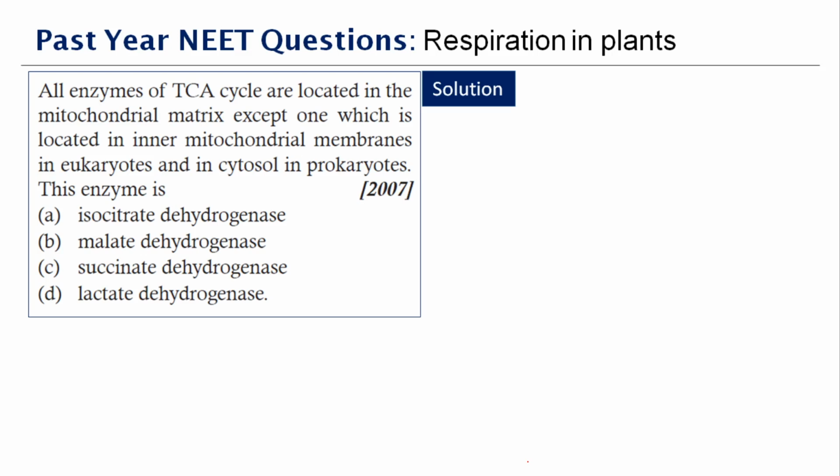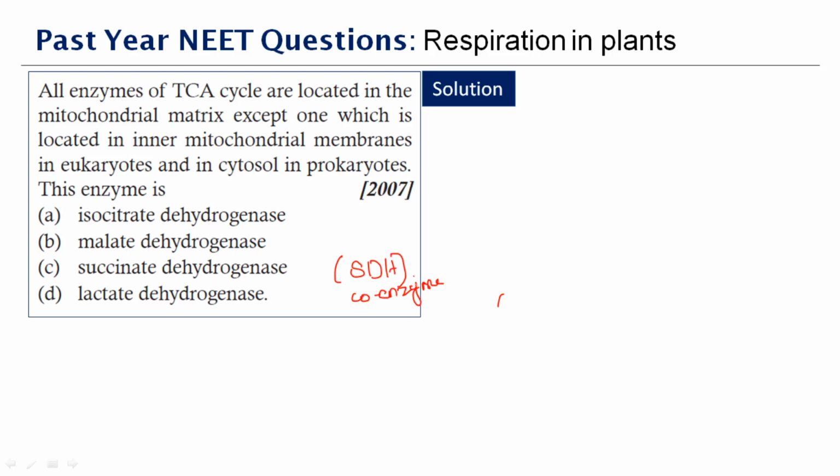Apart from that, what you have to know about succinate dehydrogenase is that it plays a very important role in the TCA cycle. It is also abbreviated as SDH, and this is actually a coenzyme.